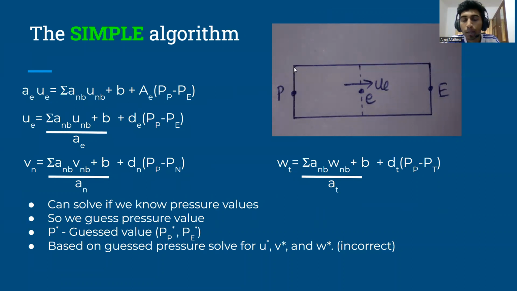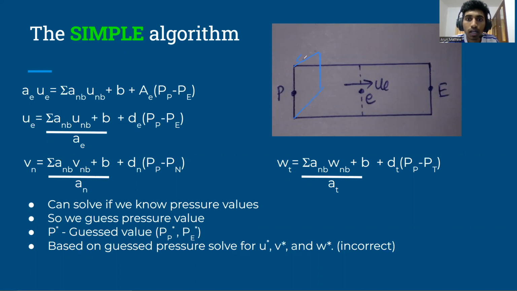See, we are considering the most general case, which is the 3D case. So the flow will be in the x direction when we consider the x momentum equation, and there will be an area like this, right? Let me write. Yeah, there will be an area like this.